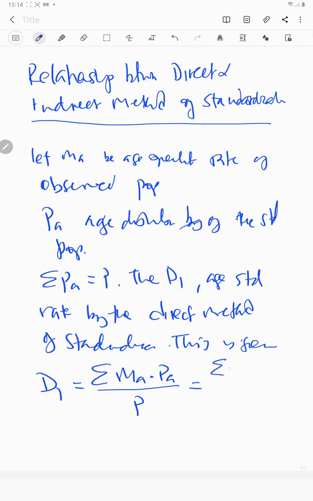So multiplying by 1, we can say summation of PA MA over summation of P in bracket, capital M over small m. This is equal to 1.